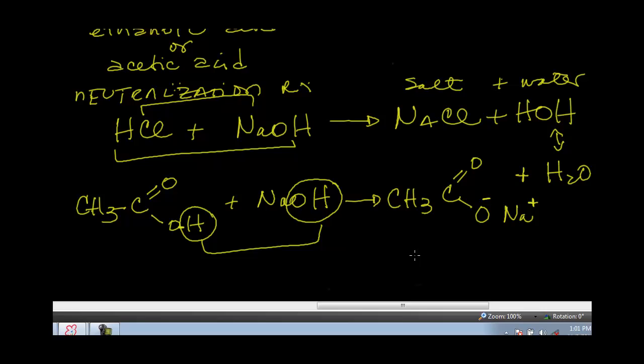Okay, so this is an organic salt, and this is an organic acid. Anything that an acid did, release a hydrogen ion, neutralize with a base, it's still in place. Organic acid, like ethanoic acid. And this is a salt called sodium ethanoate.